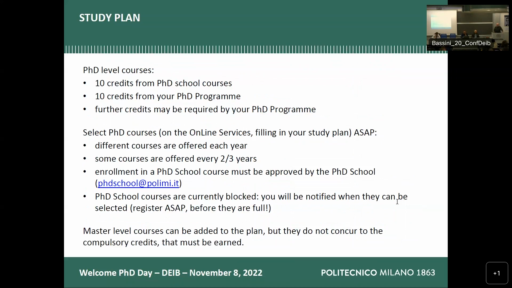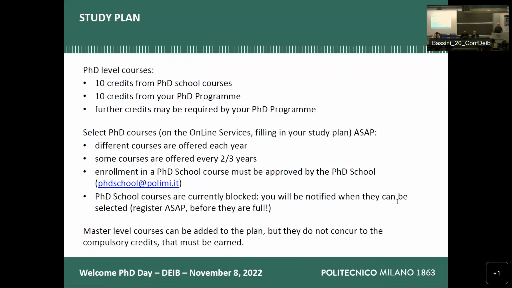Okay, one other comment maybe. What you see in the educational rules of your PhD program is the educational offer of that particular year. So, for example, in the educational rules that are now accessible, you can see the courses that are offered in this academic year. This doesn't mean that next year the courses offered will be the same.